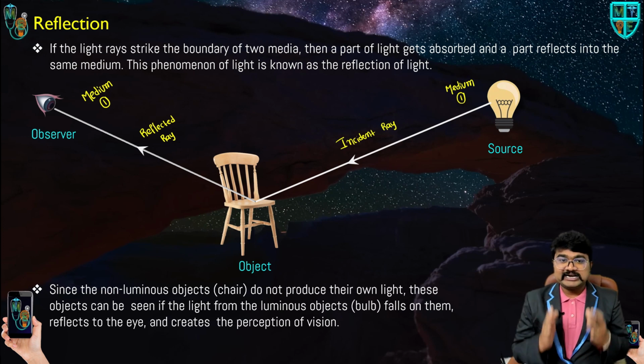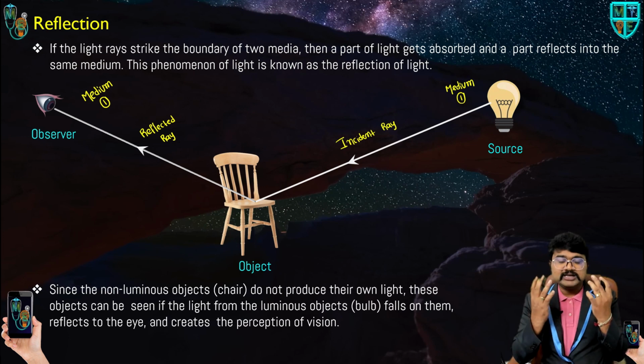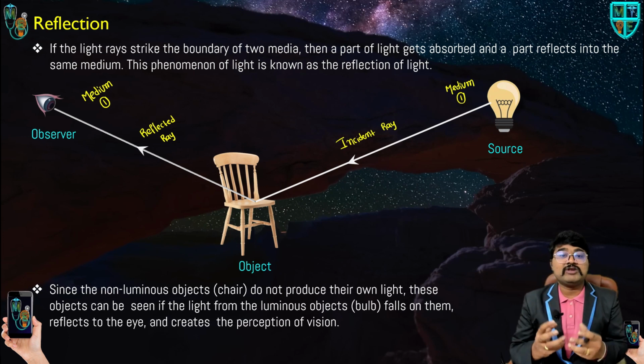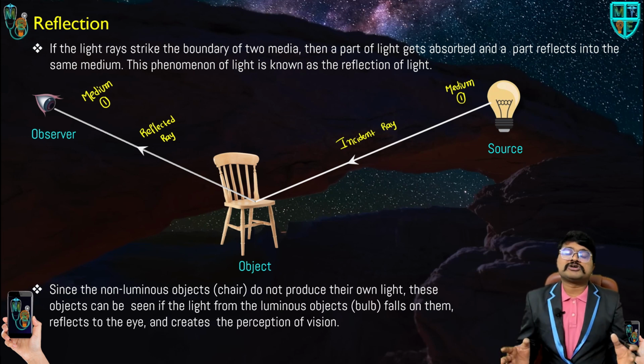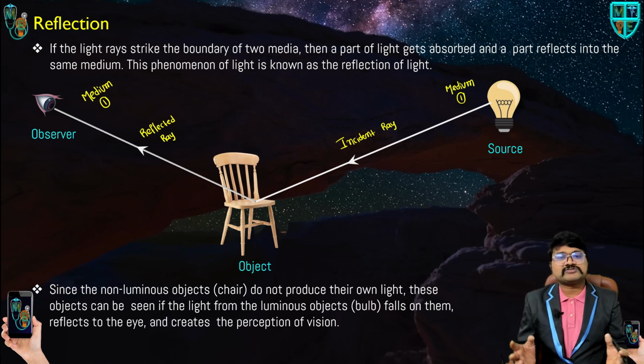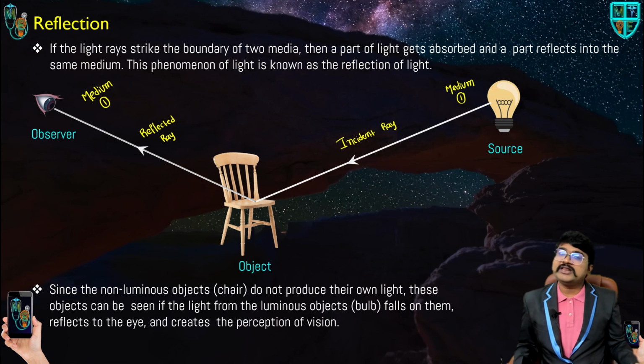When this reflected ray reaches your eye, the retina present inside the eye will feel the perception of vision. You can see those objects. This process takes place in a fraction of a second. That is why you are able to see objects, mainly because of this process.